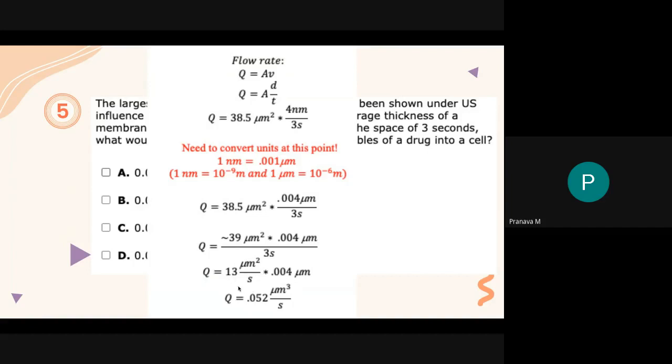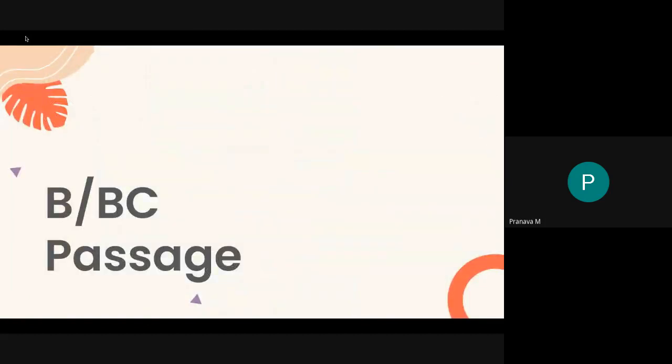So that's another way of doing 13 times 4 in a broken down way, but again, do the math in a way that's easiest for you. So you get approximately 0.05. I do 13 times 4 to get 52, and then I have to move the decimal point over 3 places. Once I'm at 52, I go 1, 2, 3 to get 0.05 micrometers cubed per second. And that was the last question for that passage.